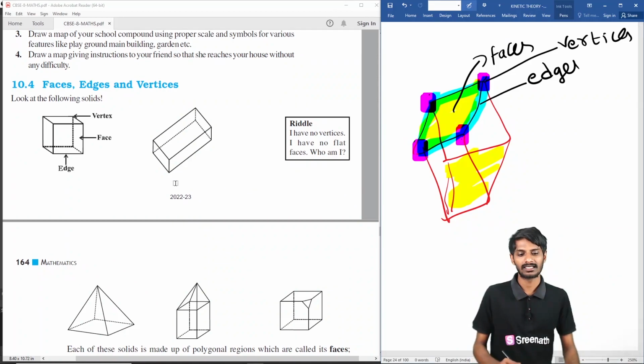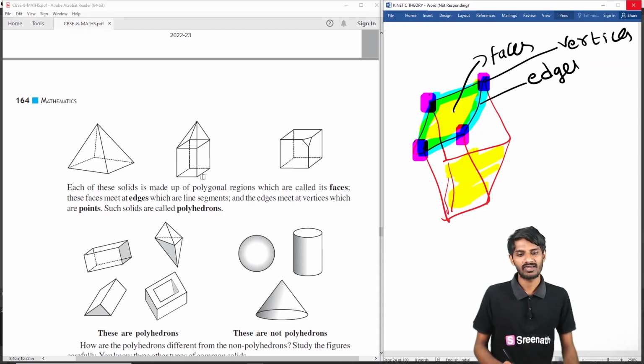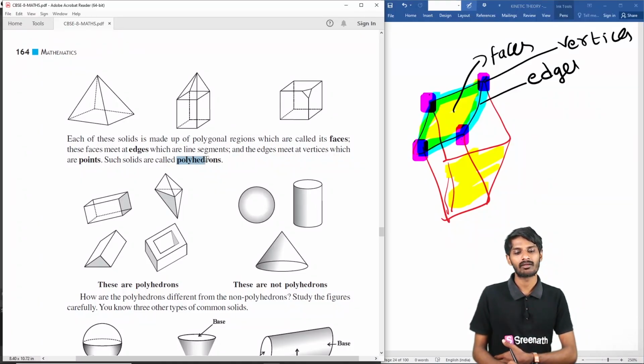Okay students, like that. Each of these solids is made up of polygonal regions, which are called its faces. These faces meet at edges, which are line segments, and the edges meet at vertices, which are points. Such solids are polyhedrons.